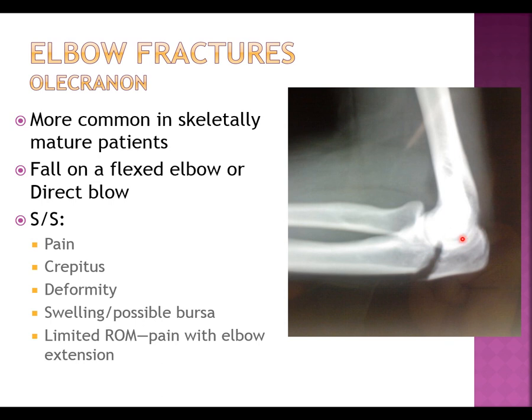With this, you're going to have severe pain, possible crepitus, and deformity. If you palpate this, you are going to be able to feel that gap. You're going to feel that because, if you remember, your tricep tendons come down the posterior side of the arm, the humerus, and they insert into the olecranon. If the triceps are not impaired, they're always going to be pulling up.